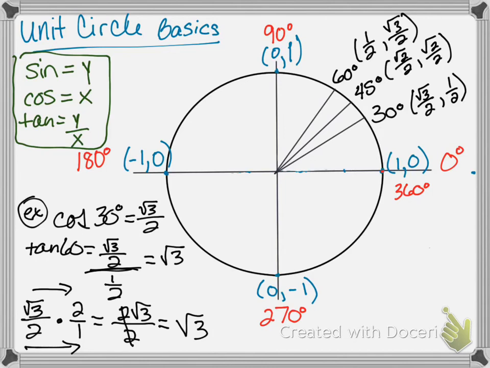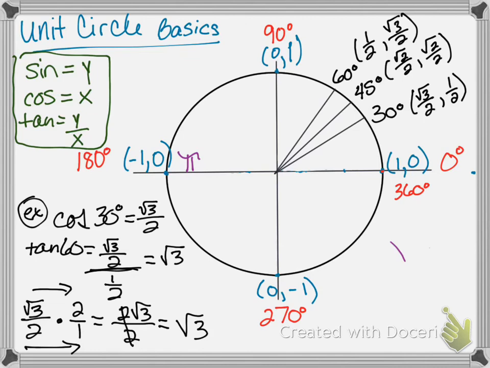The only thing my first quadrant is missing is now the radian values. So let's fill some of those in real quick. Let me change colors. My radians, one pi would be half of a circle.